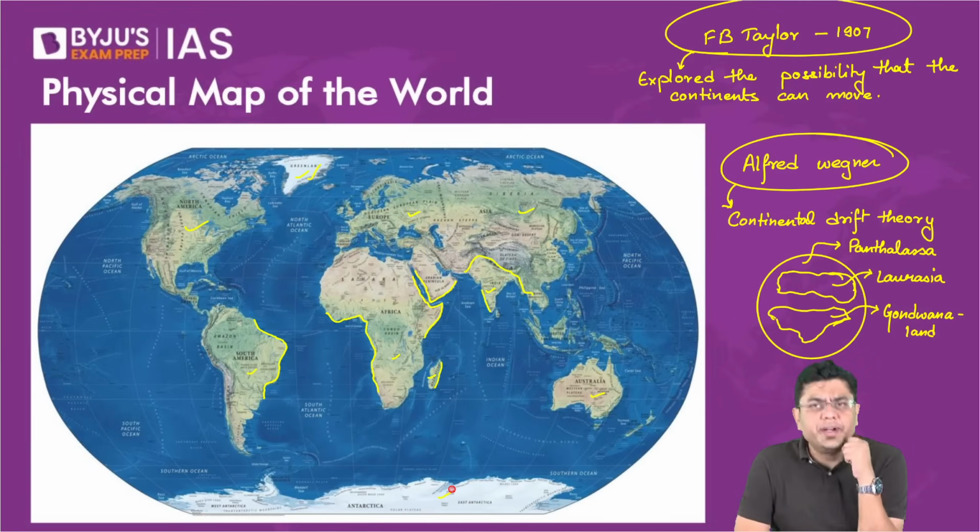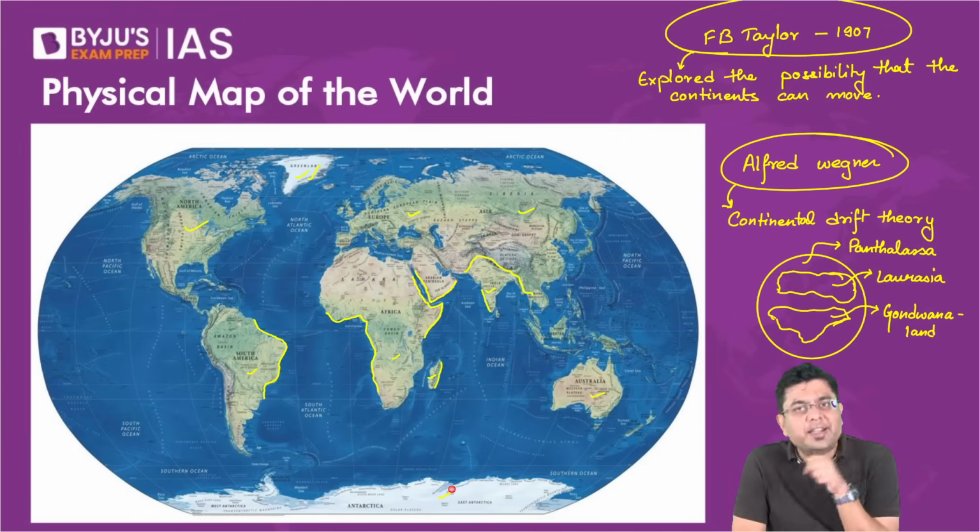Now, how is it that Wagner could postulate such a theory? Basically, Wagner postulated this theory based on the evidences that he saw. Evidences based upon the researches and studies carried out by the geologists, and by the paleontologists, those who study the fossils, and so on.